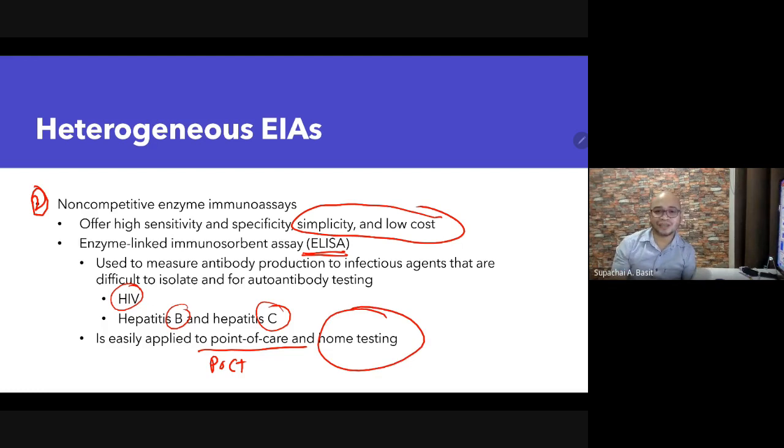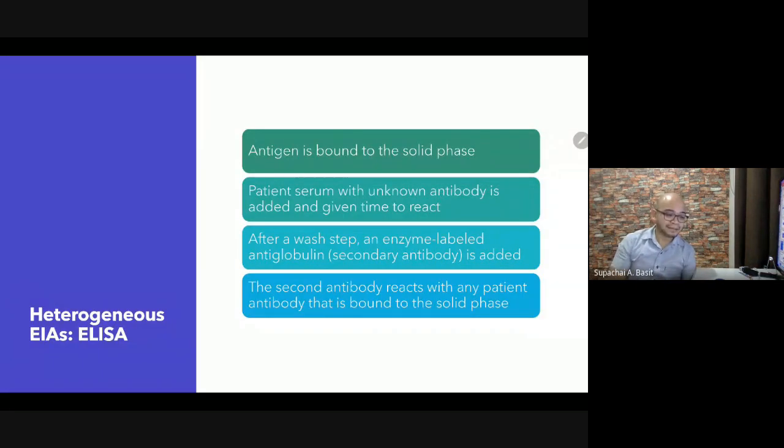We now have the rapid antibody test, rapid antigen test, and urine pregnancy test. All of these employ the principle of non-competitive enzyme immunoassay.